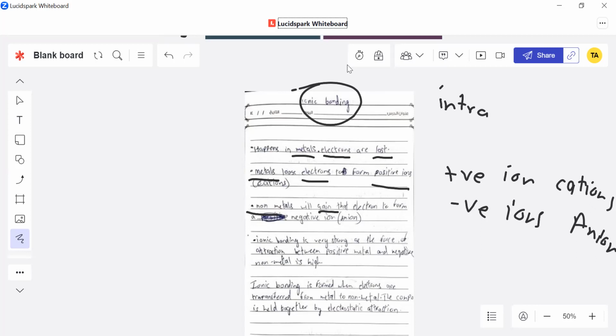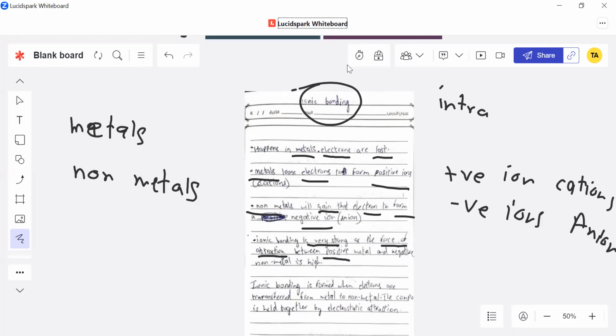Non-metals will gain that electron to form a negative ion or an anion. So ionic bonding will happen in metals and non-metals. This is mostly the case. And ionic bonding is very strong as the force of attraction between the positive metal and negative non-metal is high.